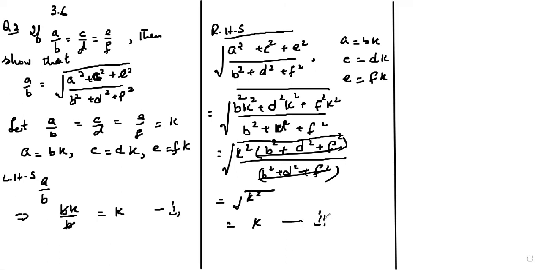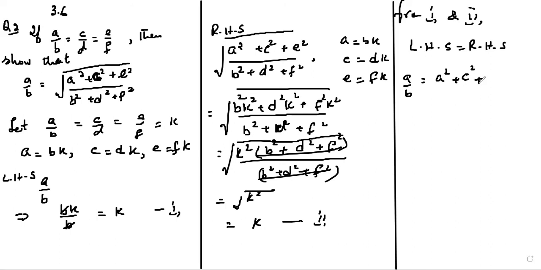So from 1 and 2, we have left hand side equals to right hand side, means A over B equals the square root of (A square plus C square plus E square) divided by (B square plus D square plus F square).